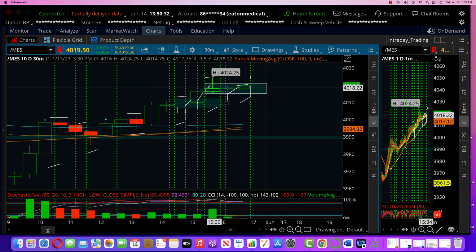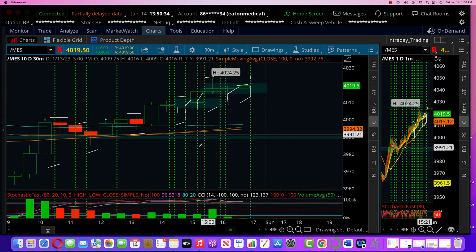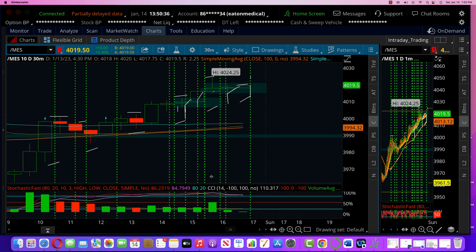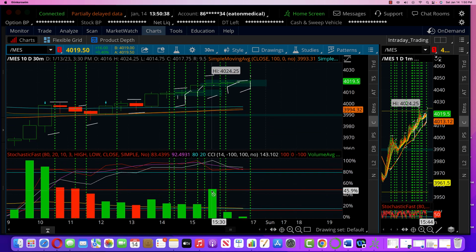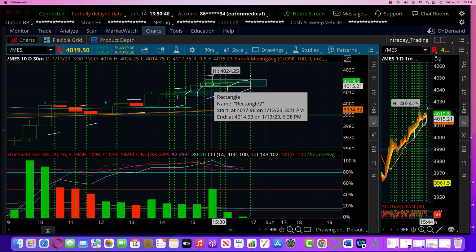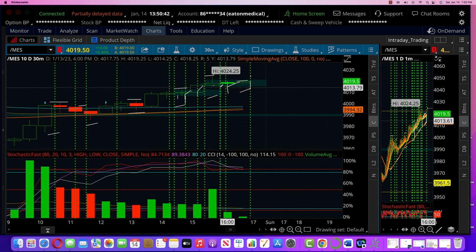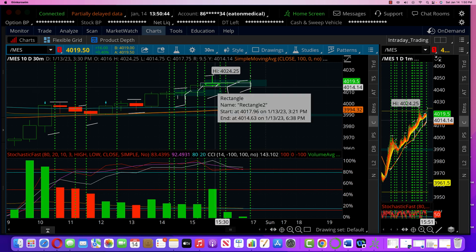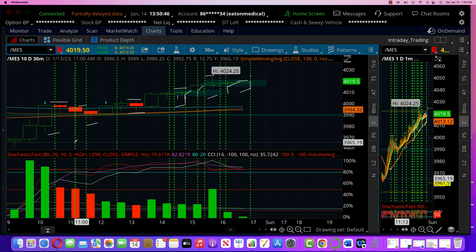But right now we're right here. High, and I also look at the volume. Volume is important. I want to be in on a high volume range.